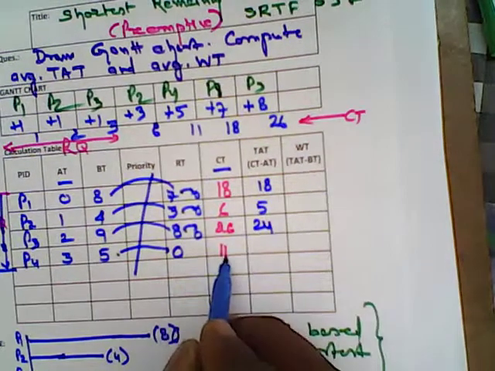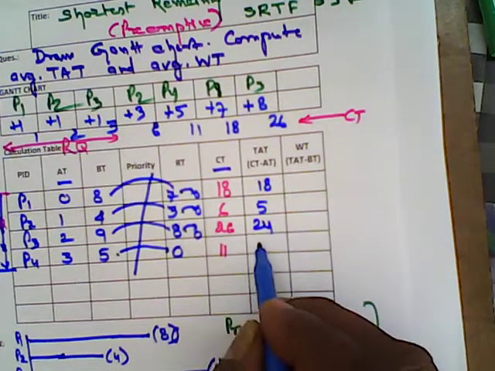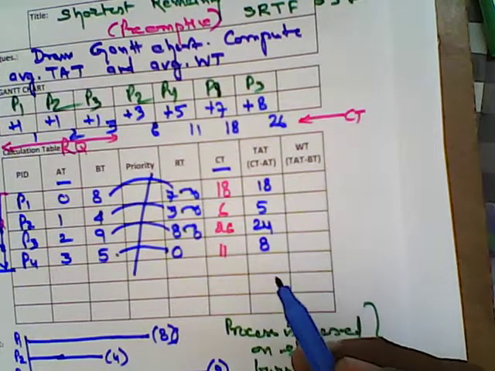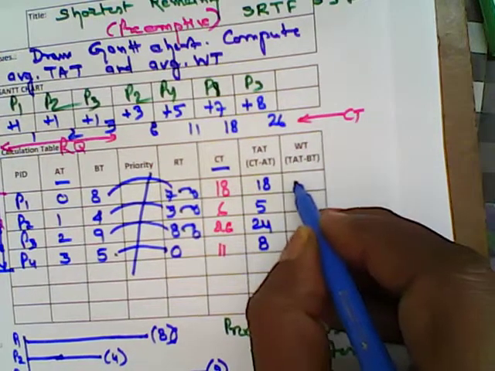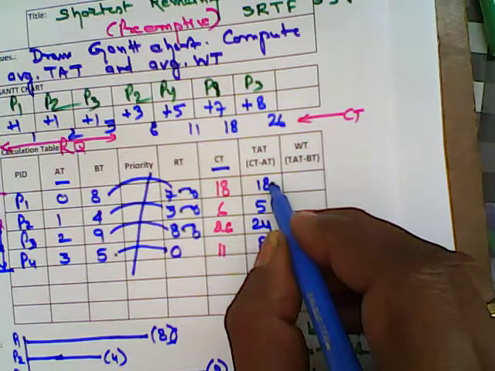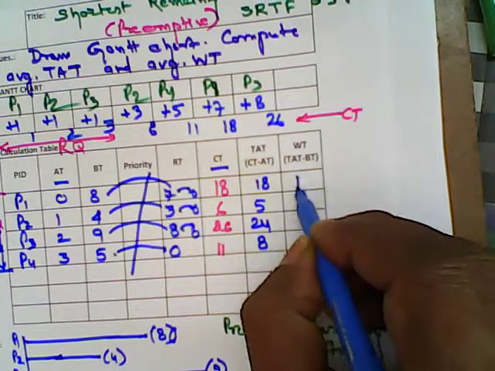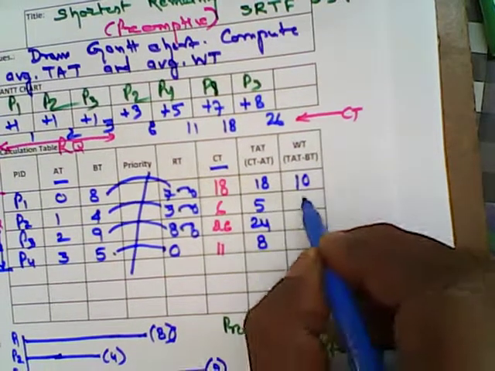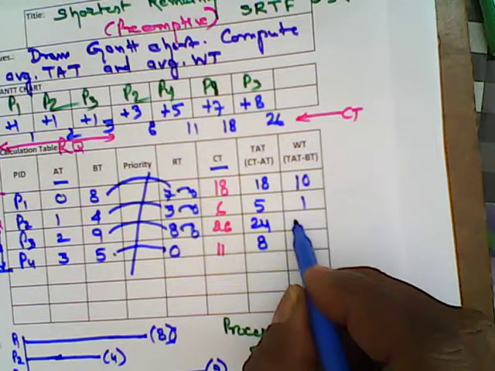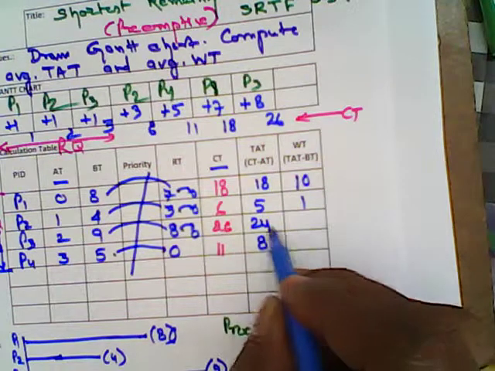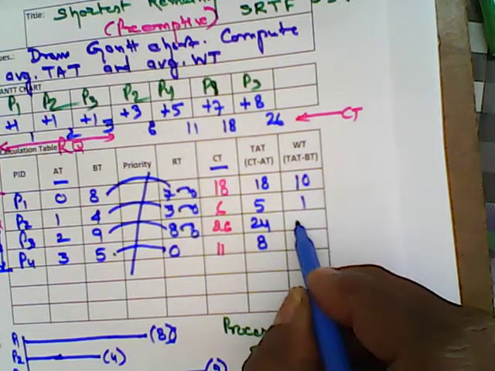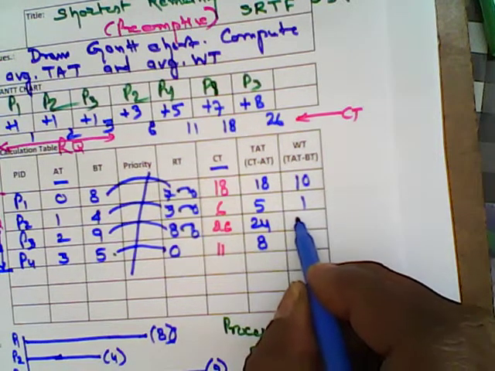And waiting time is nothing but turnaround time minus burst time. 18 minus 8 is 10, 5 minus 4 is 1, 24 minus 9 is coming as 15, and 8 minus 5 is 3.